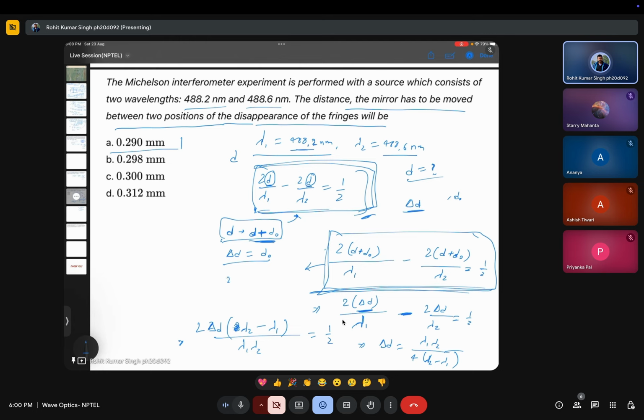Along with this condition that 2d cos theta is equal to m lambda 1. This is the condition we need.